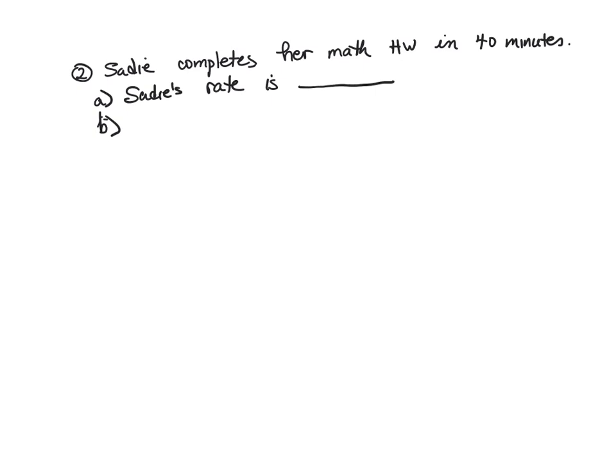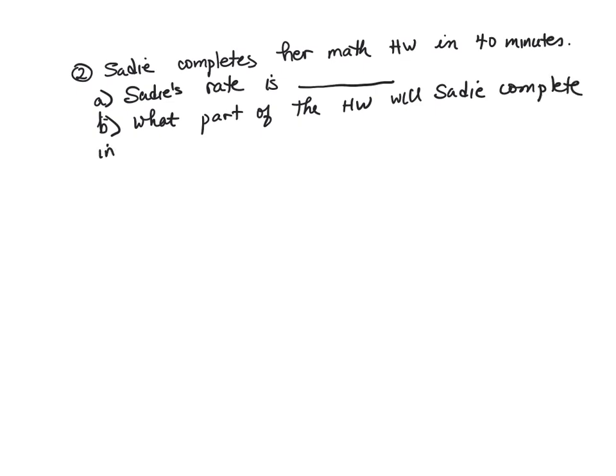What part of the homework will she have completed in 20 minutes? Okay, so let's look at that. So Sadie's rate would be 1 over 40. And what part of the homework will Sadie complete in 20 minutes? 20 over 40. Or one half of the homework.